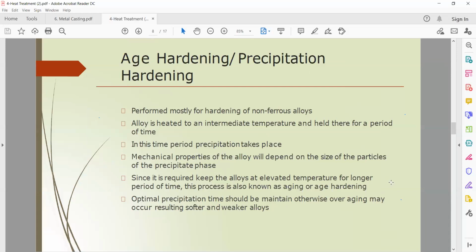If you are doing an edge hardening process, that's the case hardening process, and intermediate temperature means, that's what I have mentioned here.